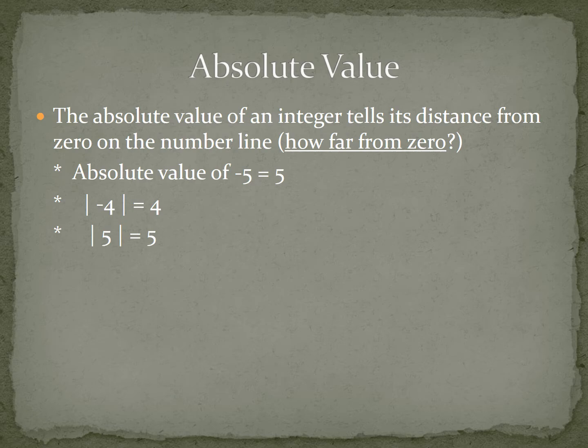And of a positive integer, it's going to be a positive number. So the absolute value is always going to be a positive number because it's just saying how far away from 0. The part on the left side of the equation is telling you whether it is on the left side of the 0 or on the right side of the 0.